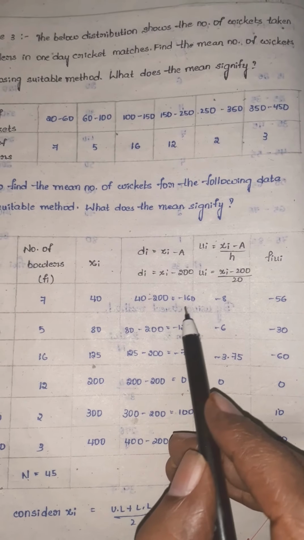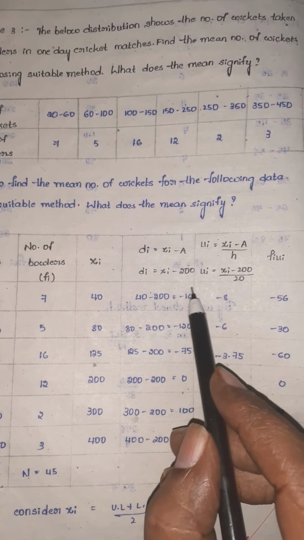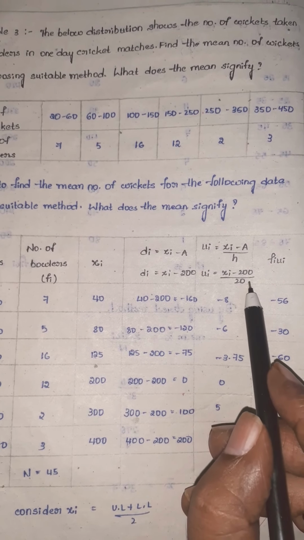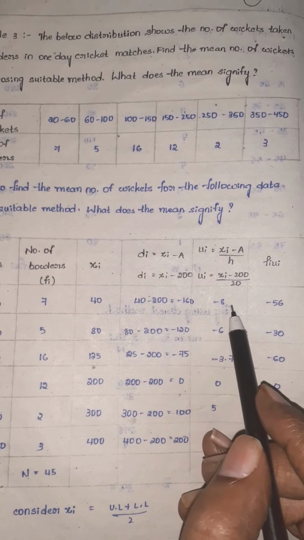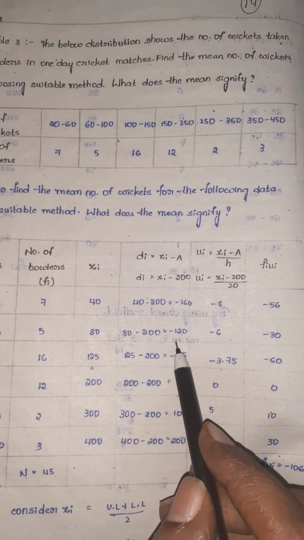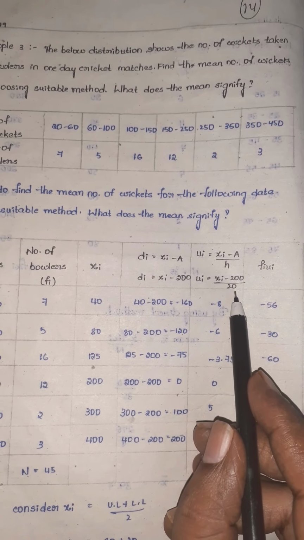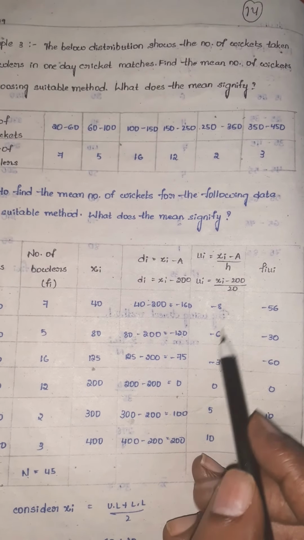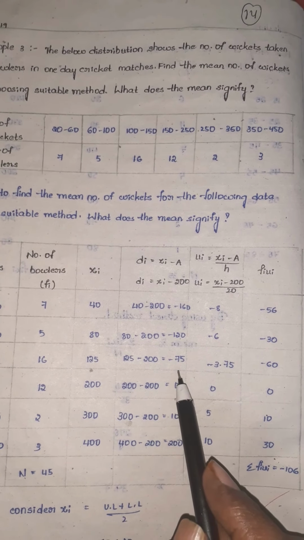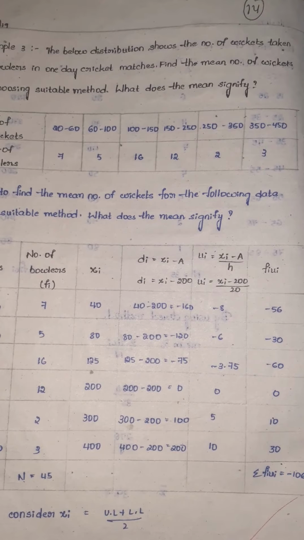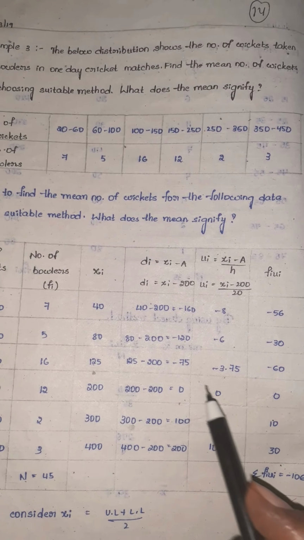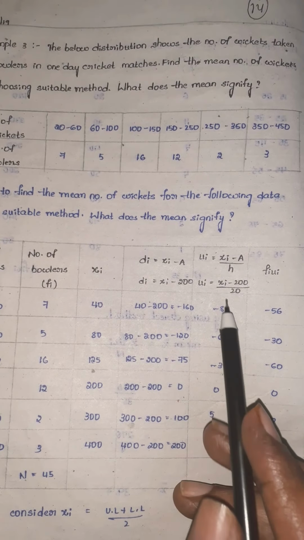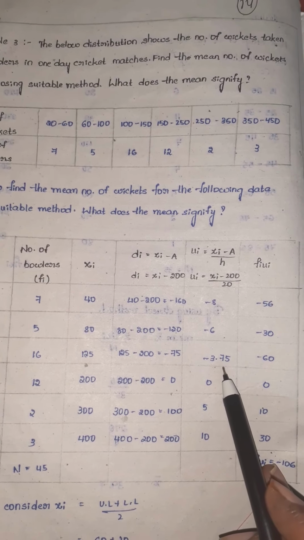So xi minus 200, how much did we get here? Minus 160 by 20. The zeros cancel, in the 2 table, 16 goes 8 times, so minus 8. Here minus 120 by 20, zeros cancel, so minus 6. Here minus 75 by 20. If you simplify, it will come minus 3.75. Why?